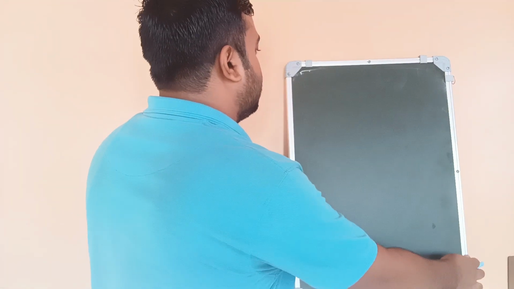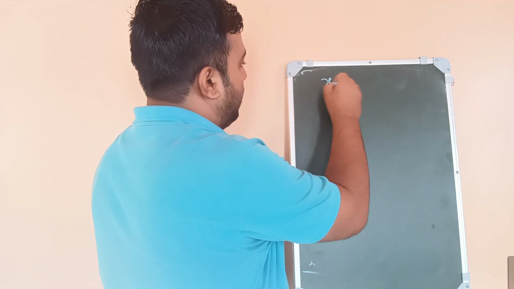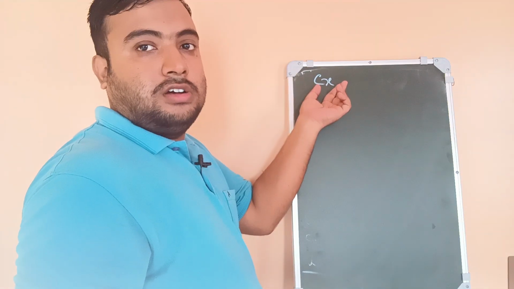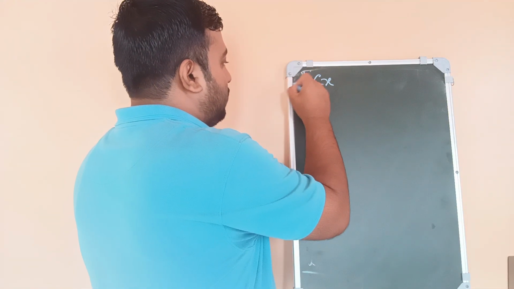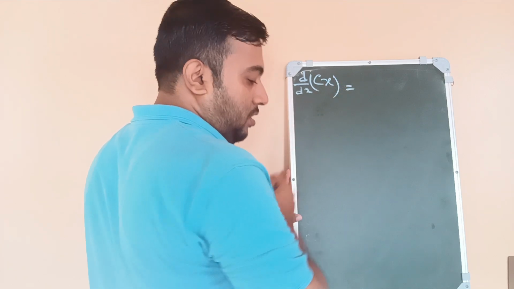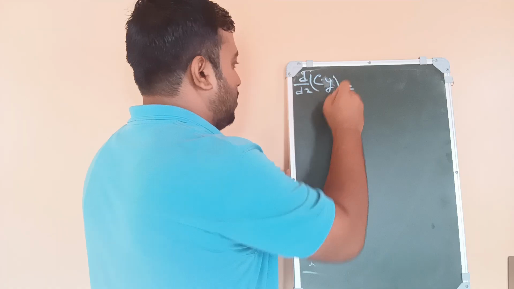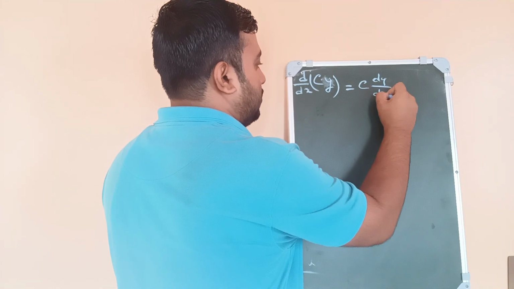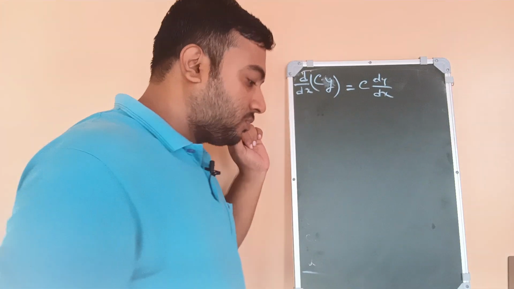If there is a function y and a constant is multiplied with it, then the derivative will be c dy/dx, that is, the constant will remain the same.